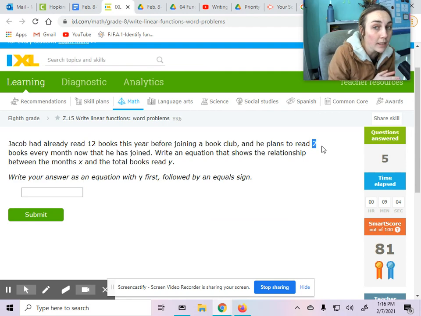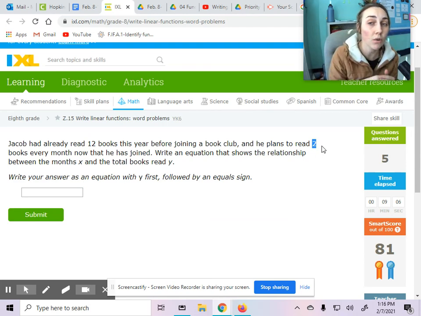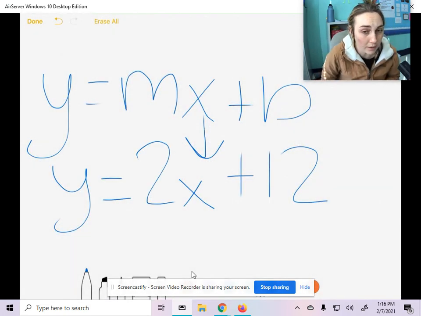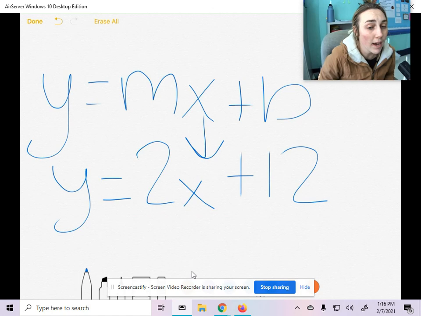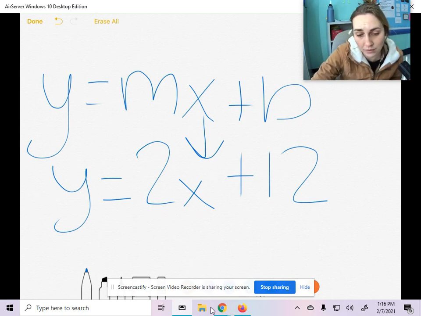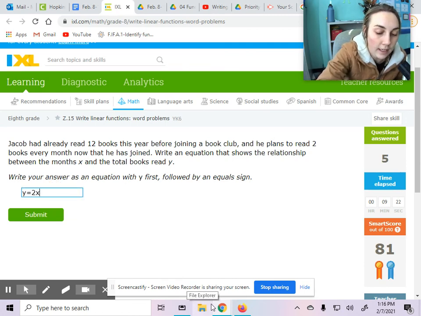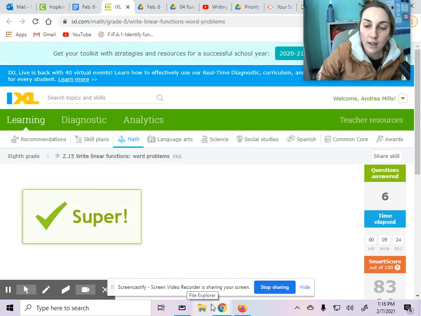Our rate of change is going to be 2. Rate of change, again, is a fancy word for slope. So I'm going to substitute that where the slope is. And here's our equation: y = 2x + 12.